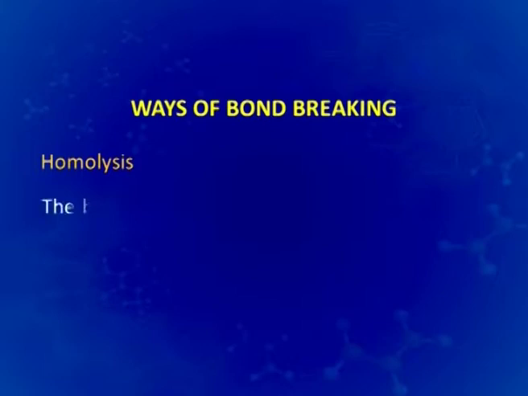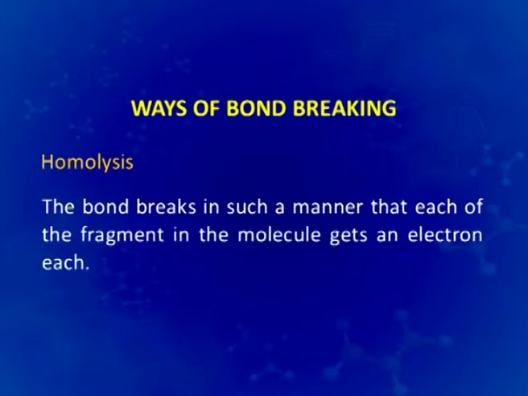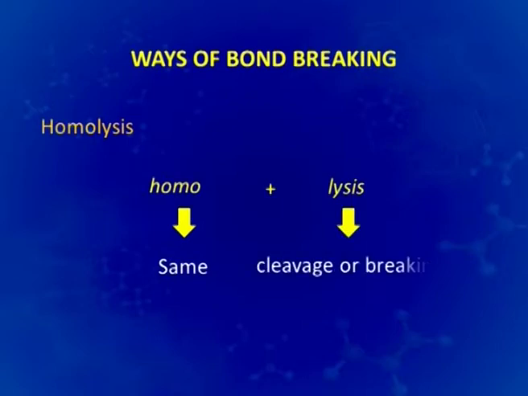Homolysis is the type of bond breaking which takes place in such a manner that each of the fragments in the molecule gets an electron each. The word homolysis is also made up of two words, homo and lysis. Homo means same and lysis is cleavage or breaking, similar to heterolysis.